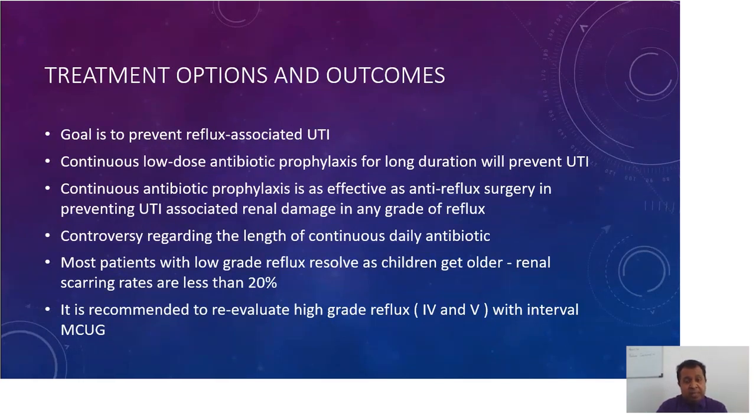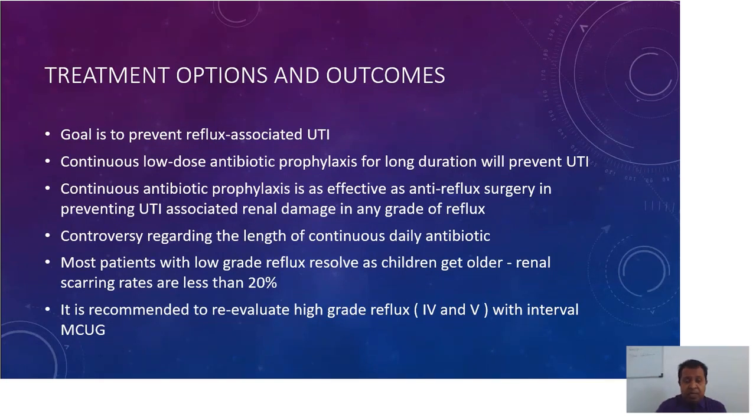Continuous antibiotic prophylaxis is very effective, and studies have shown that it is as effective as anti-reflux surgery in preventing UTI-associated renal damage in any grade of reflux. The difficult decision with antibiotic prophylaxis is how long we should use it. That is the difficult question to answer.